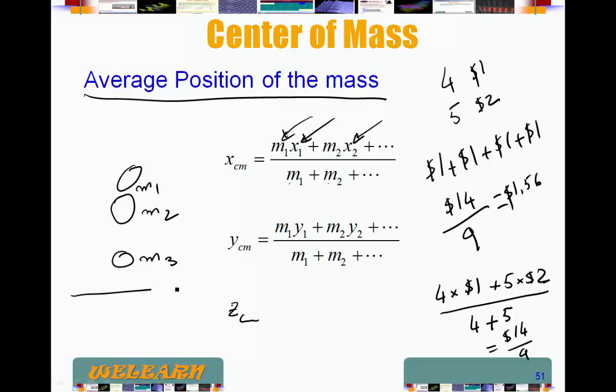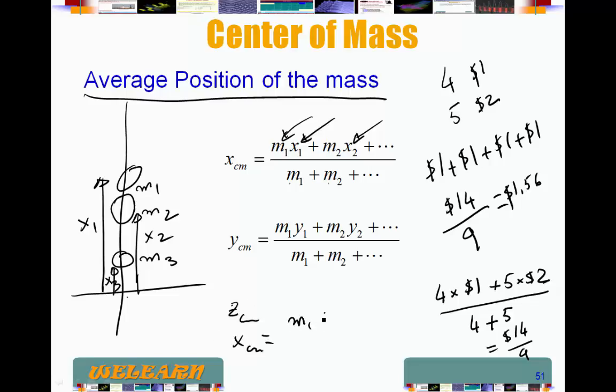Now, if this is my reference point, this is my origin, so this is x1 for m1, this is x2 for m2, this is x3 for m3, and the position of my center of mass is going to be m1 times x1 plus m2 times x2 plus m3 times x3 over m1 plus m2 plus m3. That's what that equation illustrates.